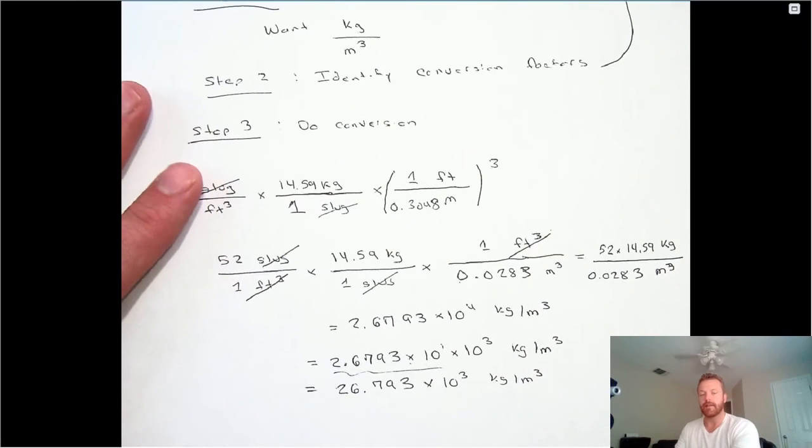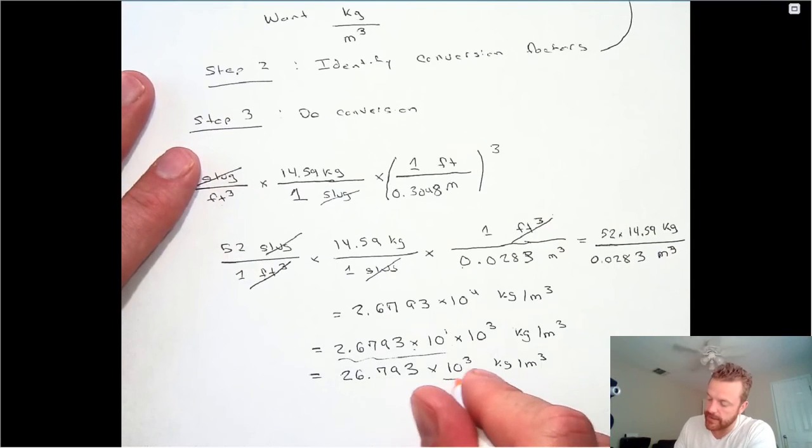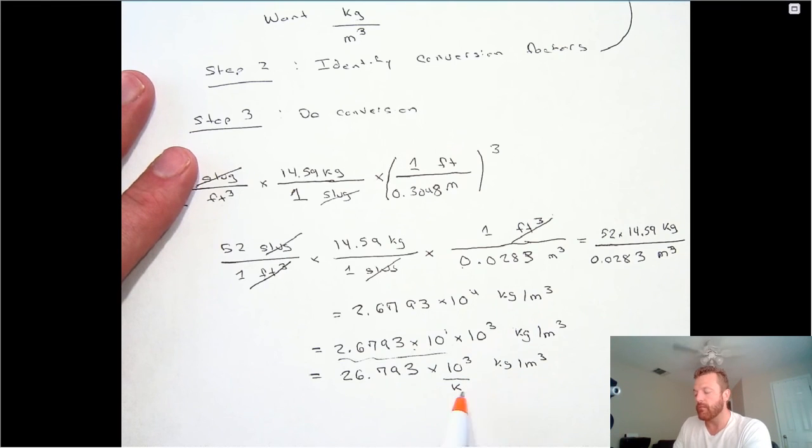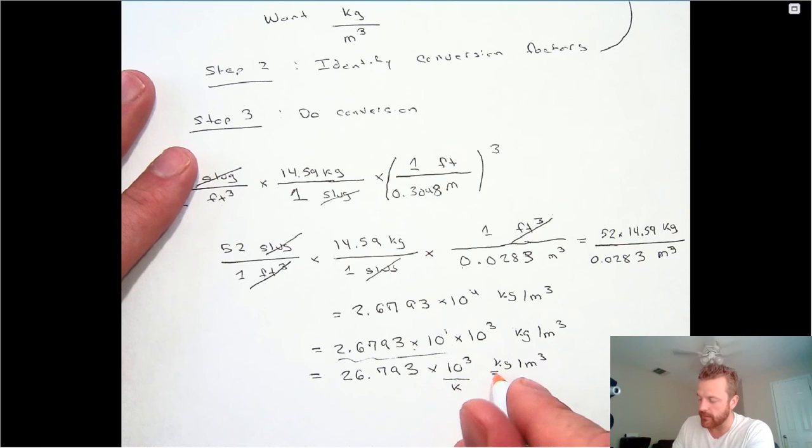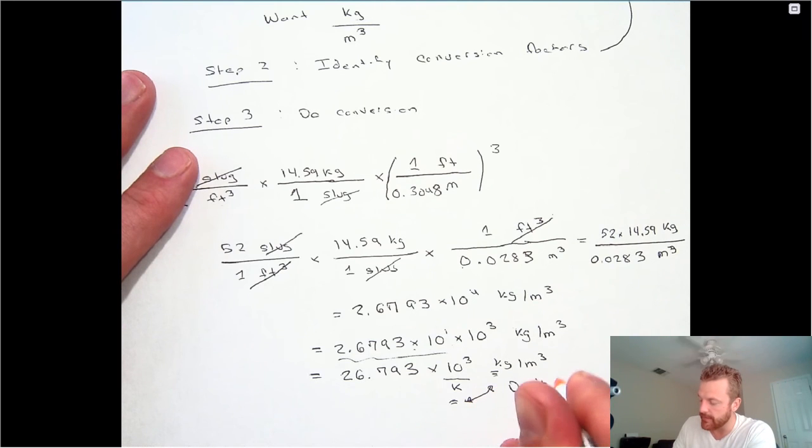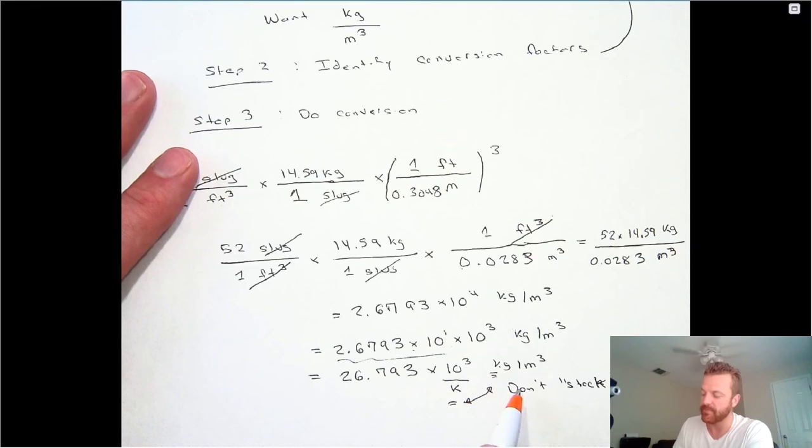Now you might say to yourself, in engineering notation, we would typically want to take that and replace it by a prefix kilo. But why wouldn't I want to replace it by a prefix kilo here directly? Well, notice that I already have one here. And in the book, they brought up the idea of don't stack or chain these prefixes. And what they mean by that is don't use a prefix like 26.793 kilokilograms per cubic meter.